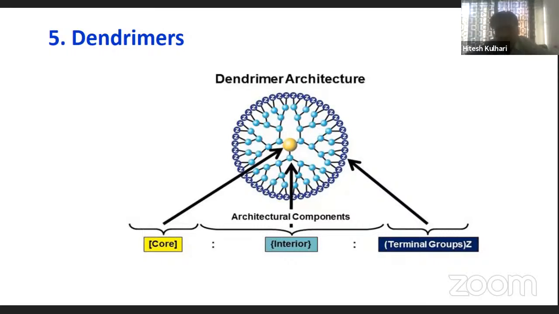If a molecule has a branched structure, we can say it is a dendrimer, and it should have a repeated unit so that we can convert this material into a nanostructure. This dendrimer has a central core. Then we synthesize different branches, and some free functional groups will be available on its surface for different applications. So you can say a dendrimer is a nanomaterial present in the nanoscale size range.